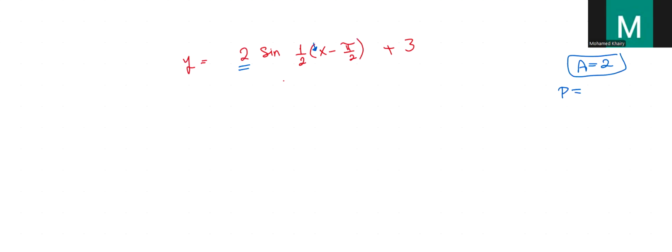That means you can just take it out, even if you can't. So P here equals 2 pi over half, which is basically, as we explained before, 4 pi. This is P. After this, what do I have? Domain. Domain here, all real numbers. Range, we said here we have K. So this is K, right?